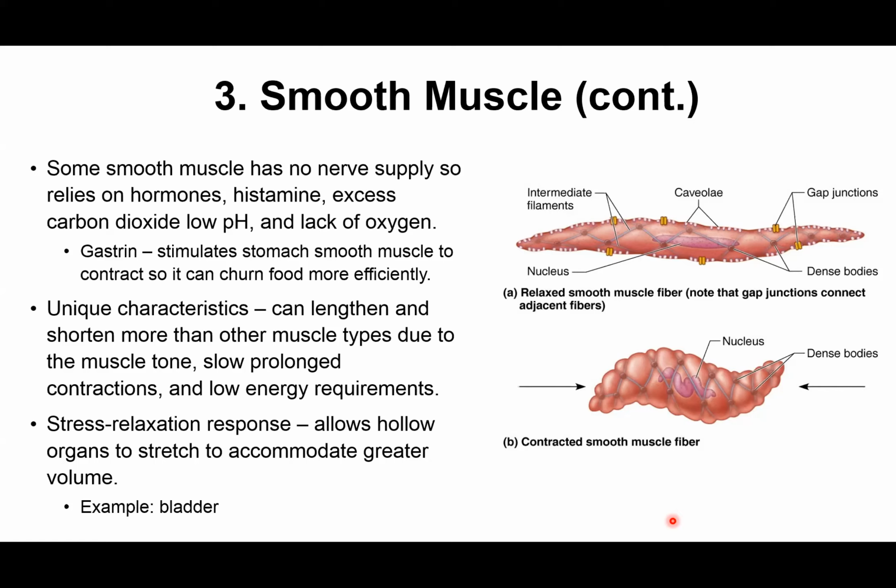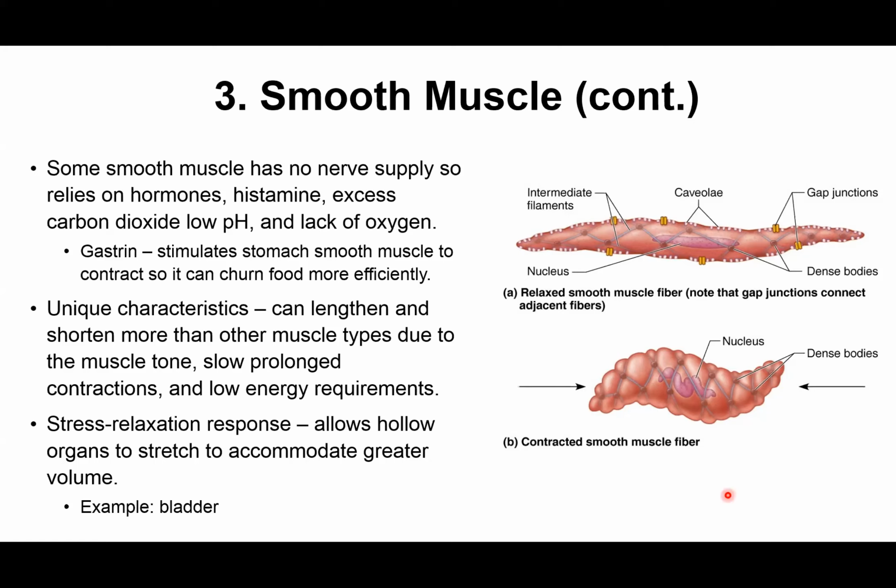Another unique characteristic about smooth muscle is that it can lengthen and shorten more than other types of muscle due to the tone of this muscle. Also the fact that contractions occur in very slow, prolonged periods.